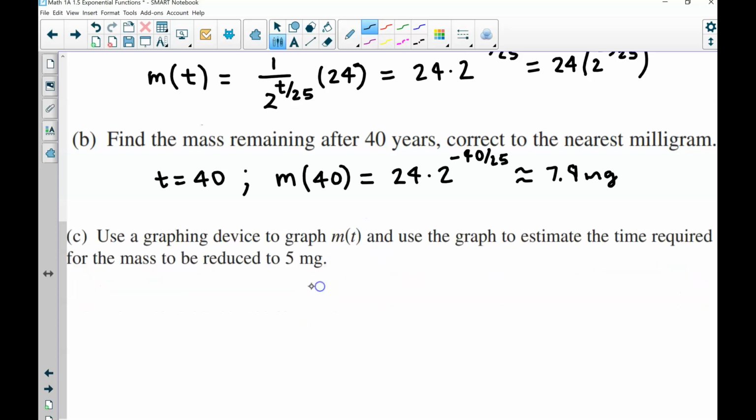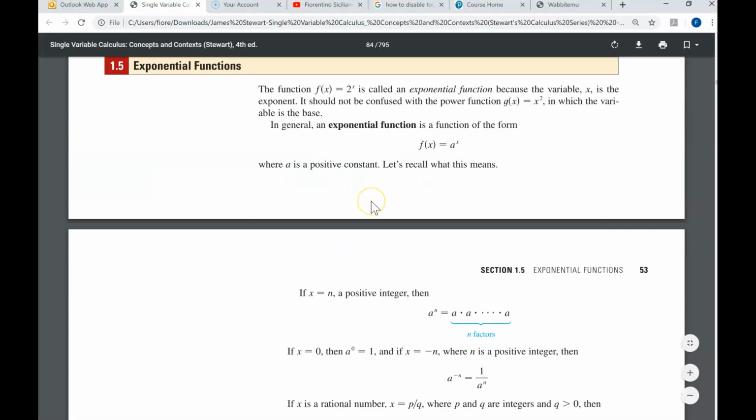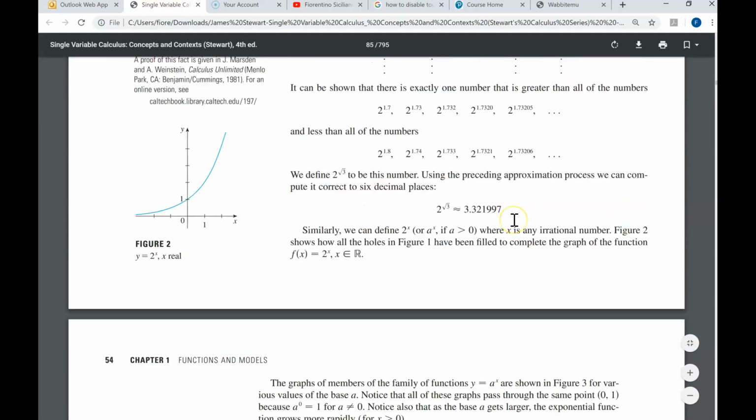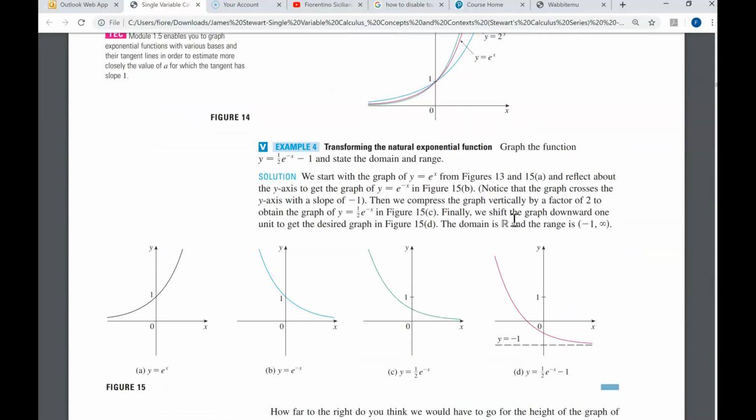So now we want to use a graphing device to graph and estimate the time required for the mass to be reduced to 5 milligrams. So let me go ahead and find this graph so I can put it into our notes here.